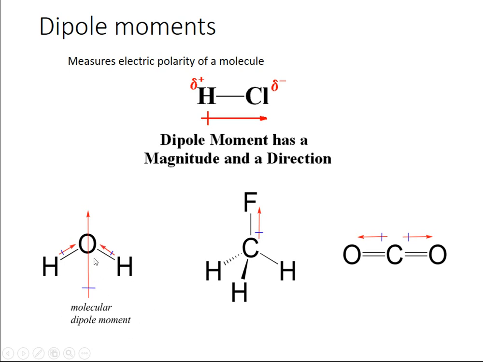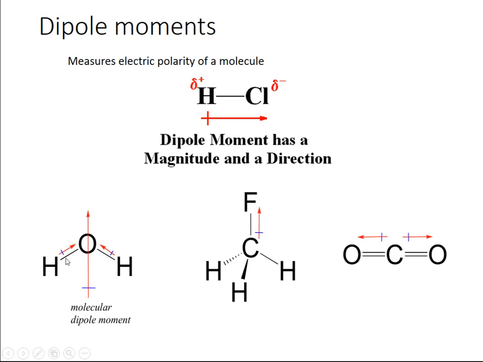Let's look at oxygen and hydrogen in water. Oxygen is more electronegative than hydrogen. So the polarity will move away from hydrogen towards oxygen. So this is the arrow that we are showing here. The same case here, the polarity moves away from hydrogen to oxygen. That's the arrow we are showing here.